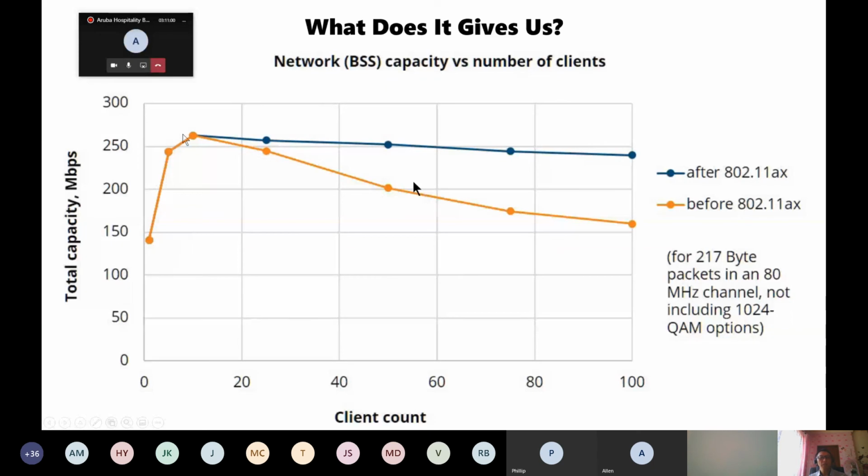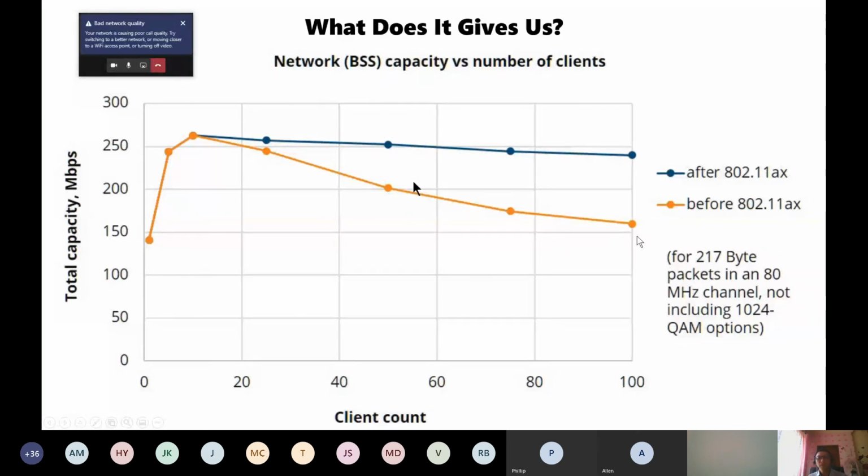As the number of clients increases, the total capacity goes up, but at some point it starts to come down. Why? Because there are so many overheads. More clients are contending, so there's a lot of overhead, collisions, and retries, so the total capacity drops. Your individual user throughput will also drop even more because of the amount of overheads.